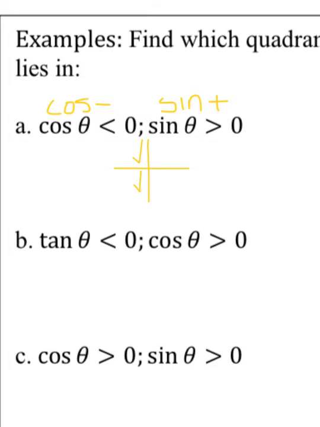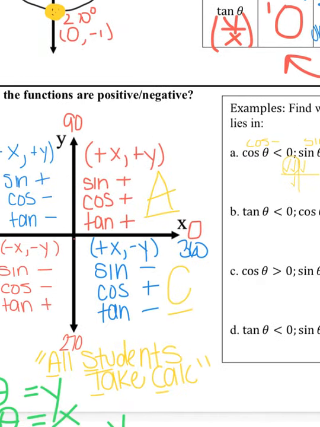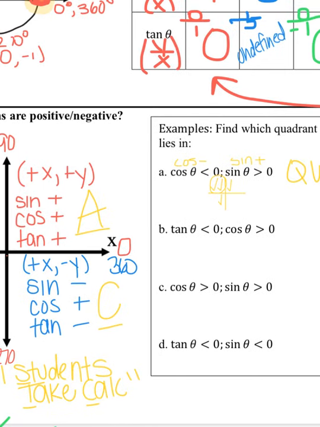Sine is positive when they're all positive, and where only sine is positive, quadrant 2. Okay, so because quadrant 2 is the only one where both things work, this is in quadrant 2. Now, if that's confusing, I know it is confusing the first time that you do it, you can just look and see which one of these has these 2 things together here. You can do it that way as well.